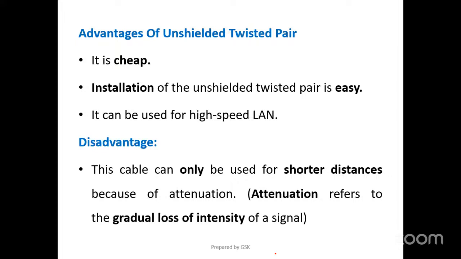Of course, it can be used for long distances, but it is not suggested because we may face the problem of attenuation. Then what is attenuation? Attenuation refers to the gradual loss of intensity of signals. We may lose the signal intensity gradually. That problem is called attenuation in networking terminology.